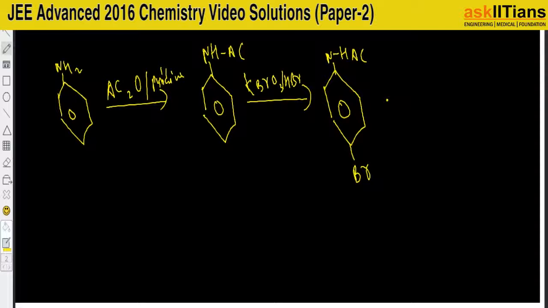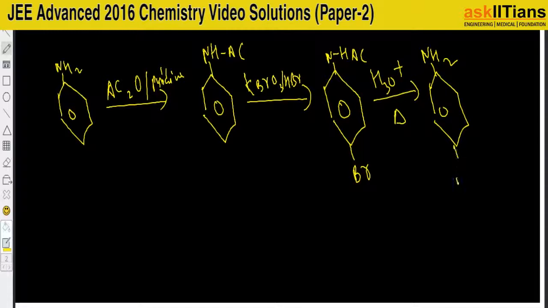Then what is written is that I am passing it to acidic media and heating it. So that simply means that I'll again get my NH2 back into the picture, with a bromine over here.